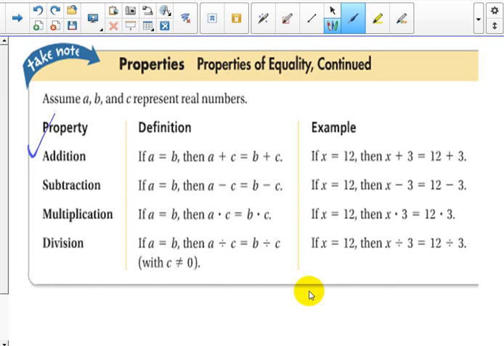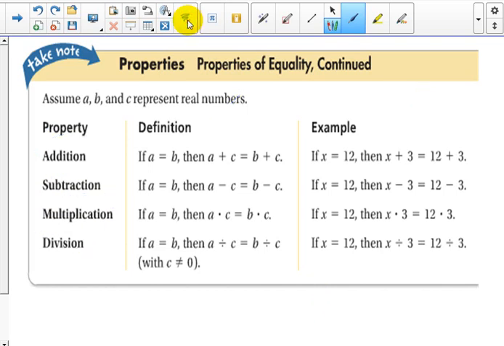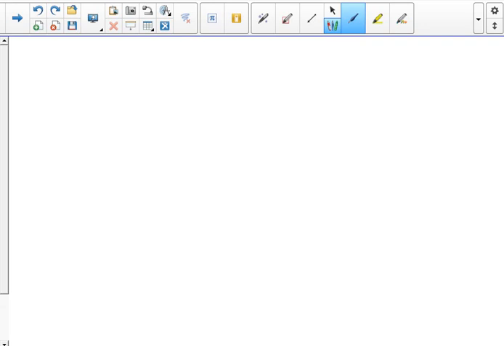These are things you've done since elementary. But now we're putting proper definitions to them, and we have some examples. So sometimes we're going to use addition to solve an equation. Sometimes we'll use subtraction. Sometimes we're going to use multiplication. And sometimes we're going to use division. So we can use all these things to solve equations.